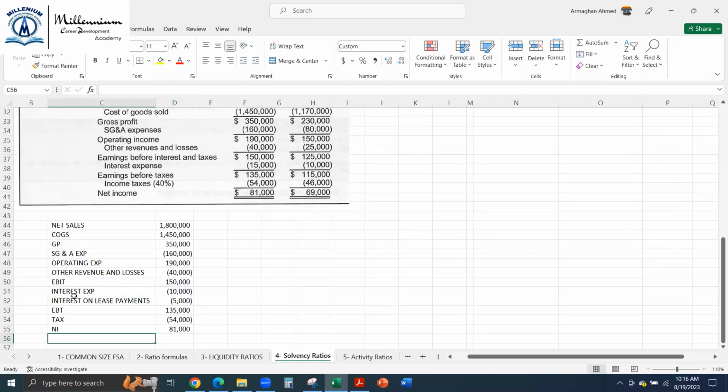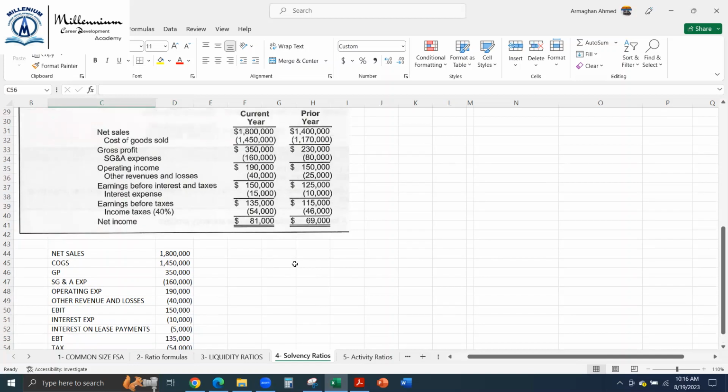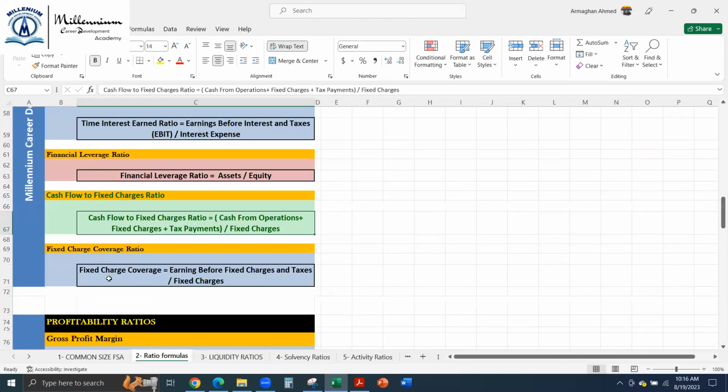right? So this particularly I created for the interest fixed charge ratio. The fixed charge ratio formula, I told you: earnings before fixed charges and taxes divided by fixed charges, right?